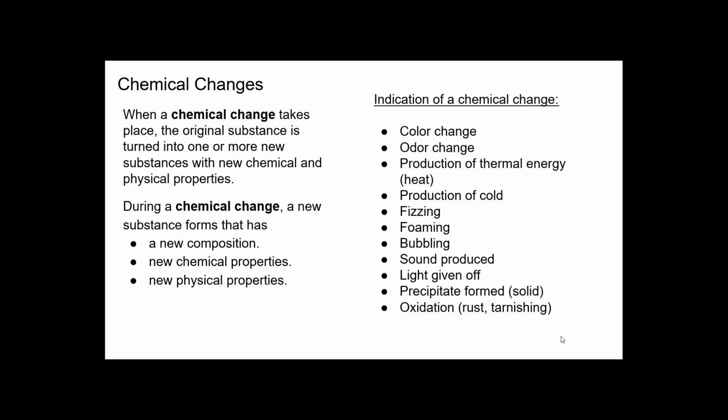Fizzing, foaming, and bubbling are all indicators of chemical reactions. Not all 100%, but in most chemical reactions that you do, these are things that you look for. Sound produced, you can hear popping. Light given off. A precipitate, that's a fancy word for a solid being formed. And oxidation, which is rust or tarnishing.